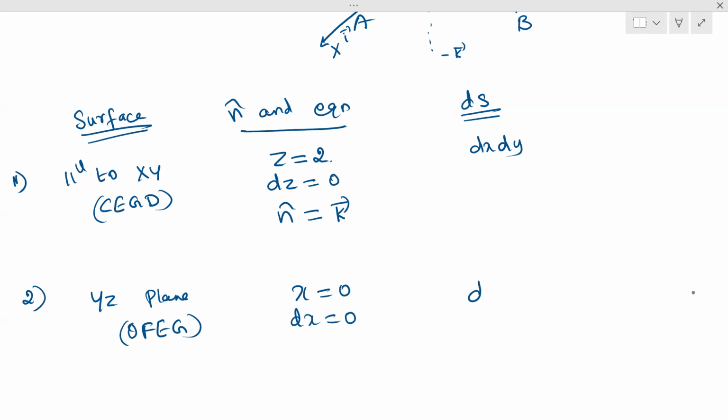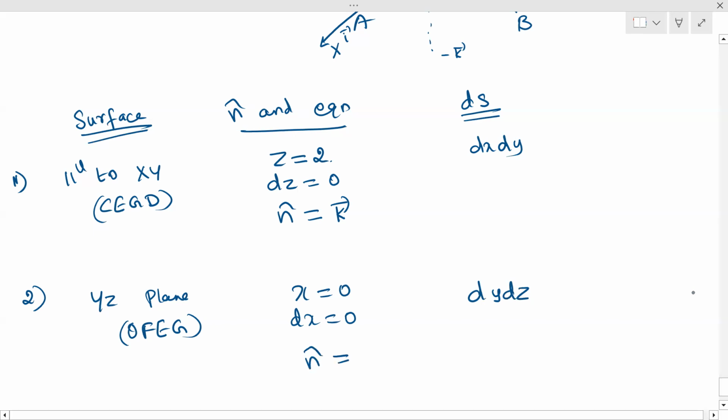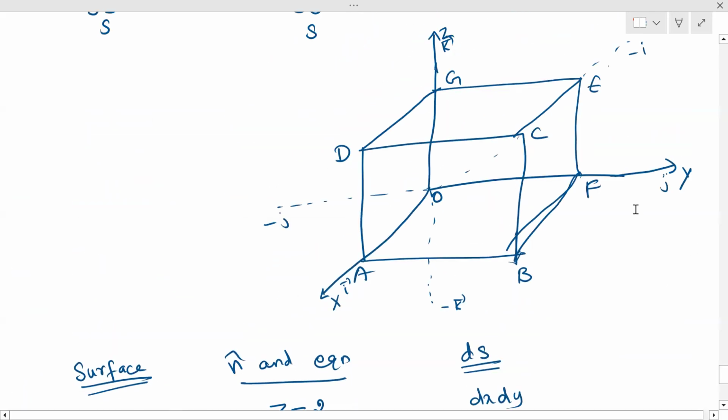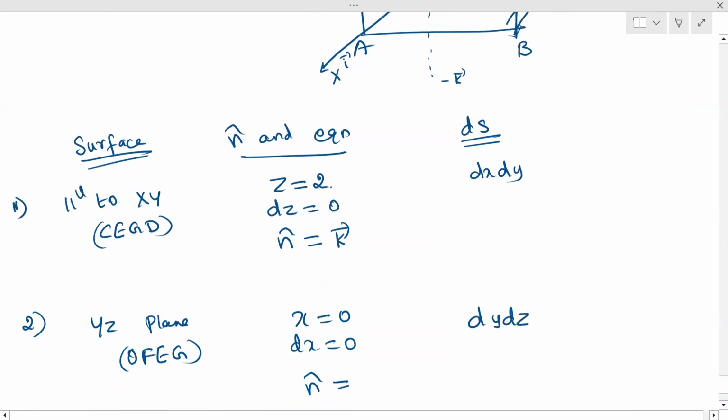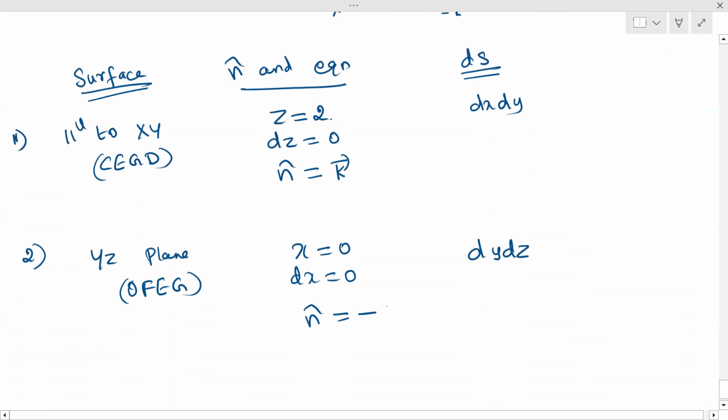So ds is dy dz, because dx is 0. Here, what is our unit outward normal vector? For this YZ plane, the unit outward normal vector is minus i.